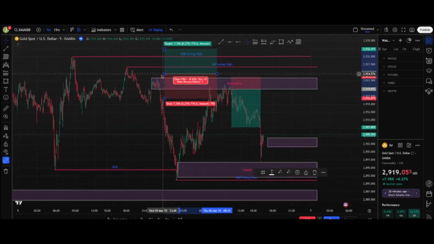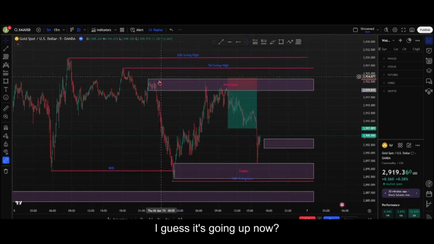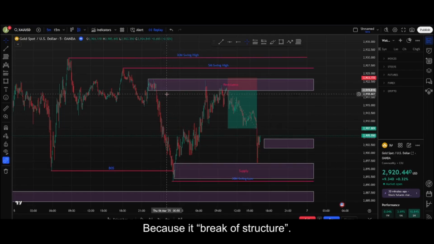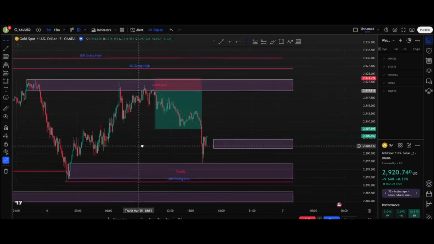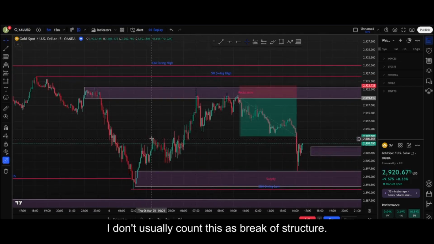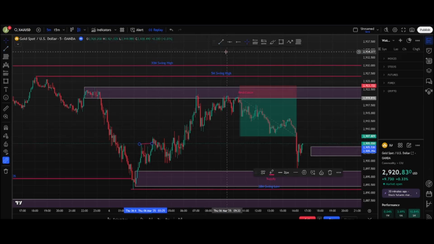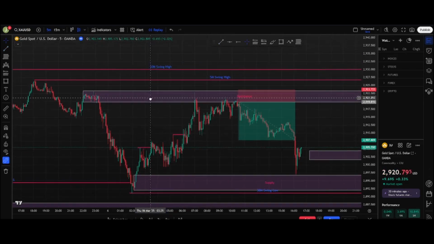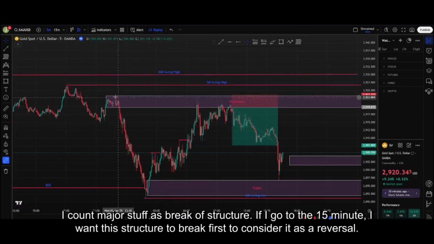But I guess it's going up now because of a break of structure. I don't usually count this as a break of structure, like this one, or even this one. I count major stuff as break of structure.